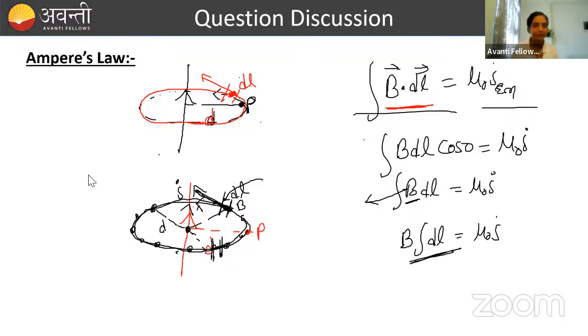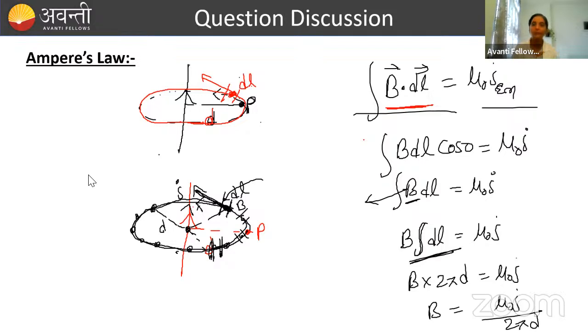Now what is this sigma dl? This sigma means the summation of all small lengths of this Amperian loop, which means the perimeter of this circle, right? So that is B into 2 pi d equals mu naught I. So B equals mu naught I by 2 pi d, right?